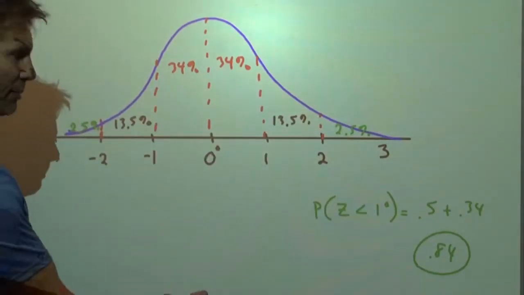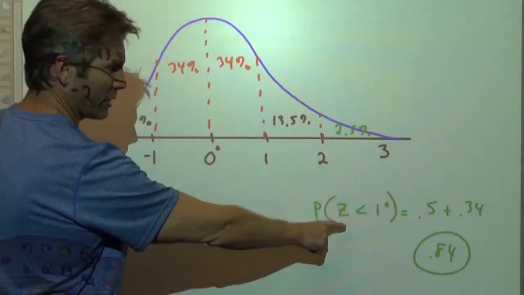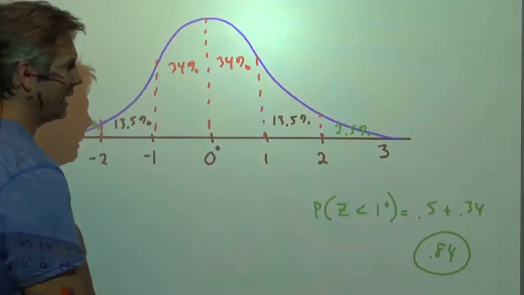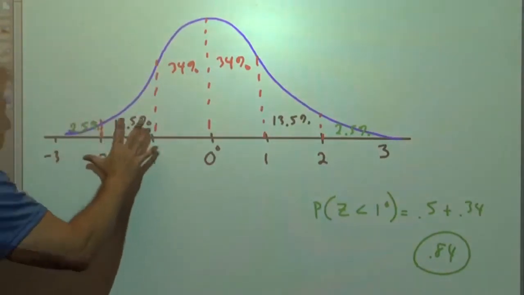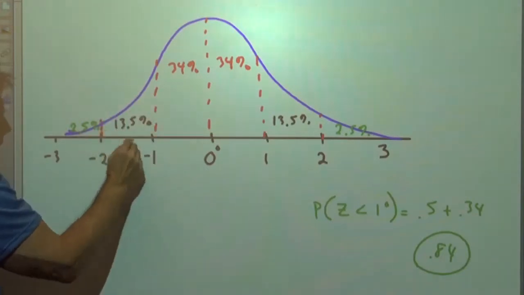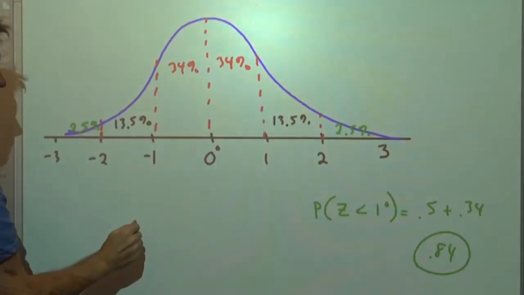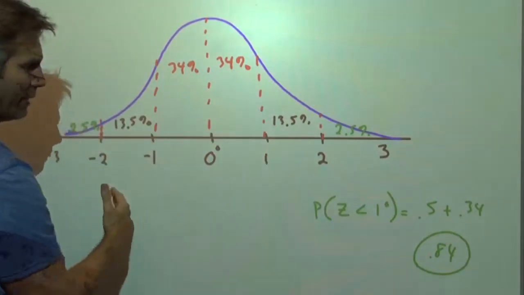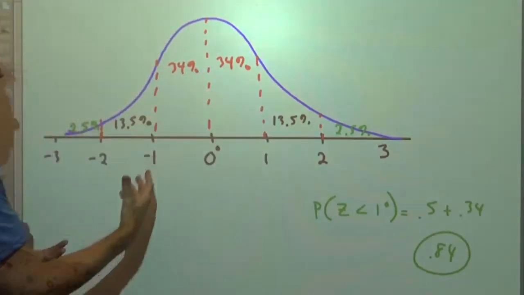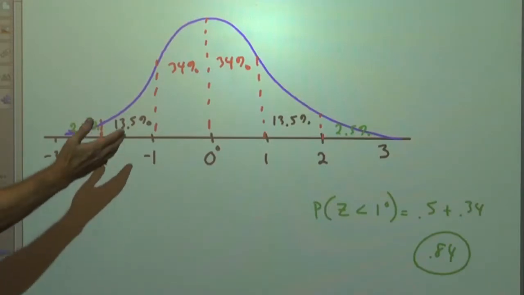So like we saw from that table, we can know that the approximate probability that our Zippo Z-score is less than 1 degree is equal to the 50% below the median, because the mean and the median are the same, so there's 50% down here, and then another 34% there. So altogether, the area below that is 0.84, which means approximately 84% of all these Zippo thermometers is below 1 degree.